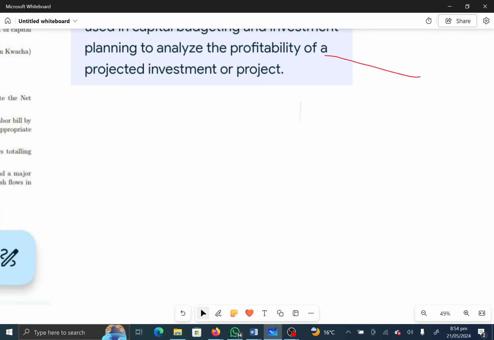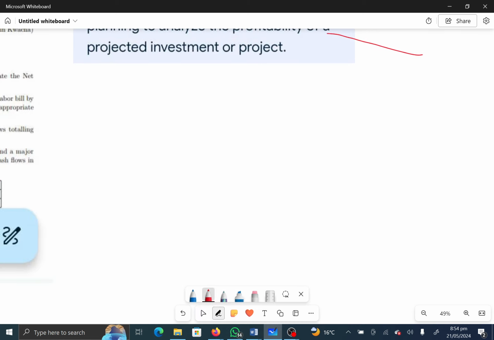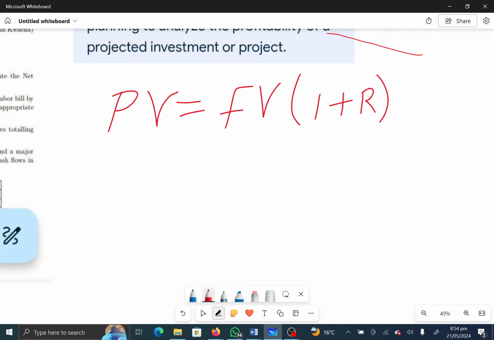Our formula for NPV: NPV is the net, meaning the total present values of that project. Present value, PV, is equal to the future value, FV, times (1 plus R) to the power negative N. The negative N means the discounted cash flows.